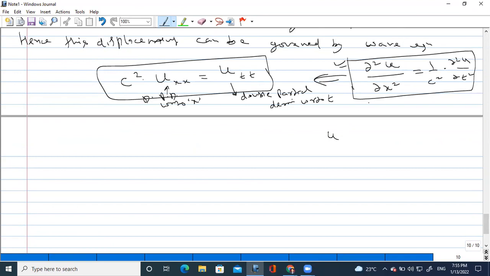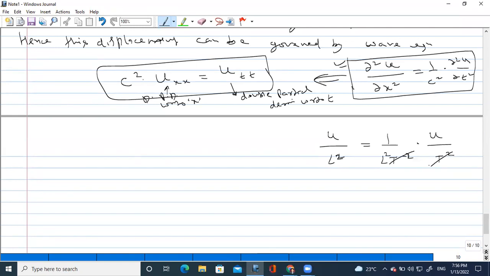The dimension of u is u, the dimension of x² is L², which will be equal to 1/c². c is the velocity, so the dimension of c is L T⁻¹, whole squared, so it will be L² T⁻², multiplied by ∂²u/∂t², that is u by T².